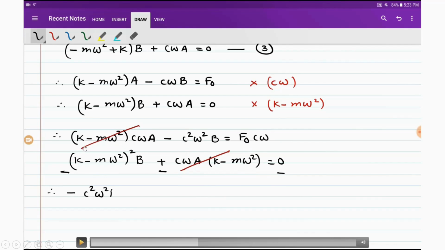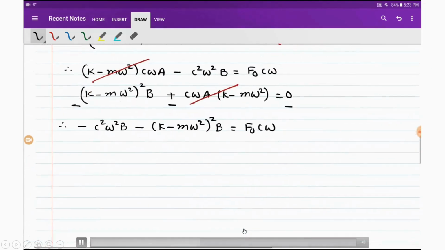Now here this plus k minus m omega square c omega a, and here also k minus m omega square c omega a, but negative, so that will get cancelled out. So we have minus c square omega square b minus k minus m omega square squared multiplied by b is equal to f0 c omega minus 0, that is nothing but f0 c omega.